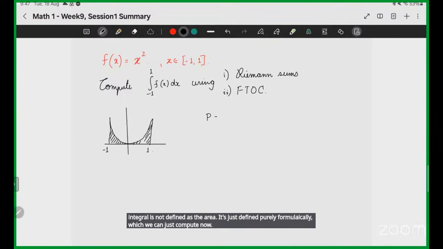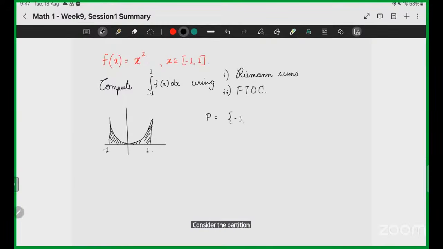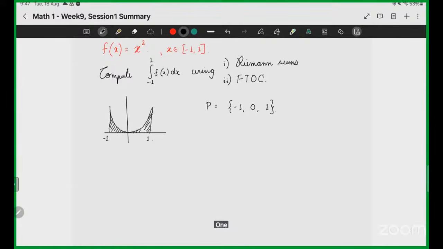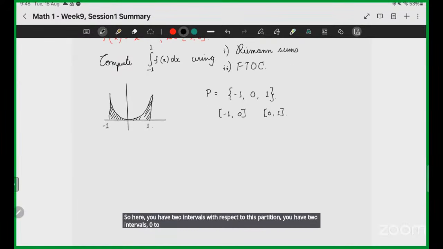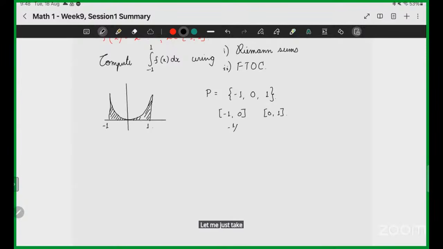Consider the partition minus 1, 0, 1. Here you have two intervals, minus 1 to 0 and 0 to 1. Let me just take minus half over here and half over here.